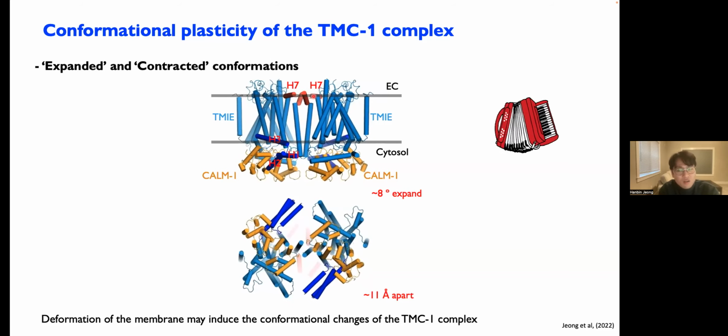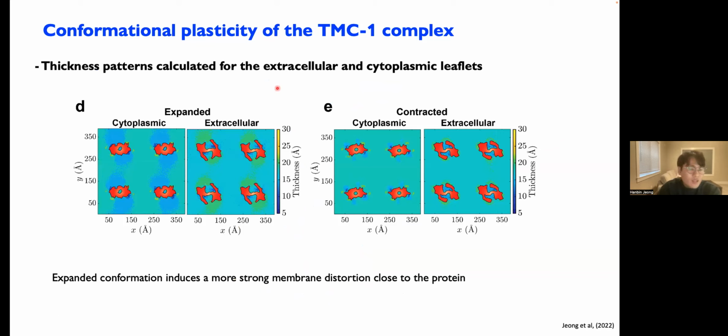It also shows the possibility that deformations of the membrane may induce conformational changes of the TMC1 complex. This is interesting because when you compare these 2 models in MD simulation, these 2 conformations generate distinct membrane deformation patterns.